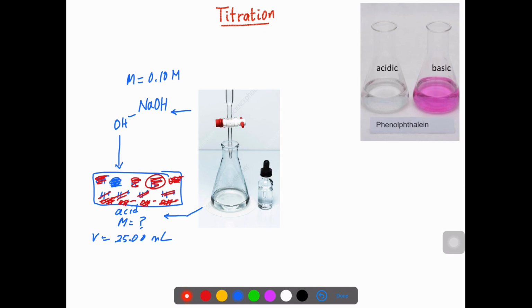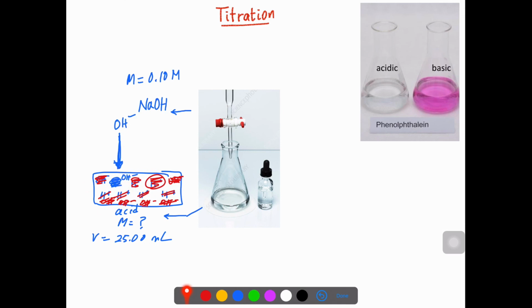Now, when you add an extra drop of base from the burette, that extra hydroxide ion cannot neutralize anything anymore because there is no acid in this conical flask. So it's going to remain unreacted. You're going to have base in this solution now. Once all the acid has been exhausted, any extra drop that you add will make this solution basic.